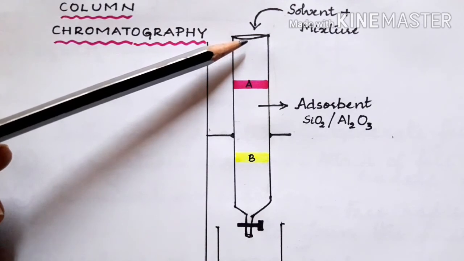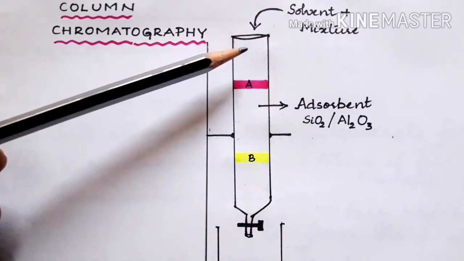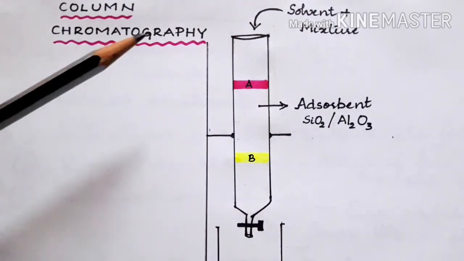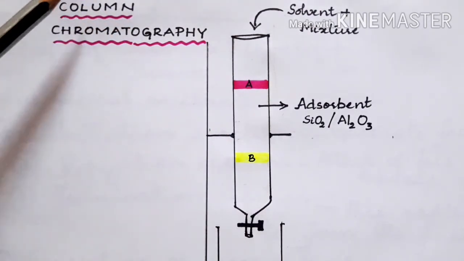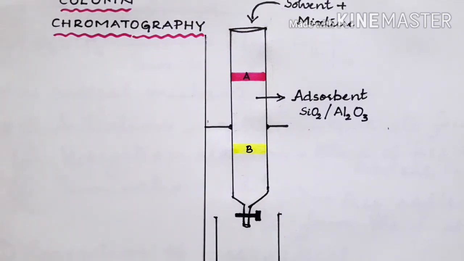We find that there is a selective distribution of the various components of the mixture between the two phases, that is the stationary phase and the moving phase. The mixture and the solvent move through the adsorbent. You find that the components of the mixture get adsorbed at different speeds.